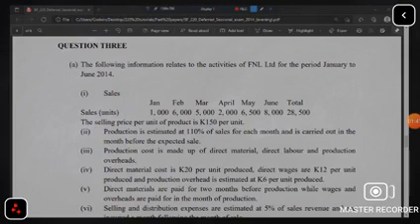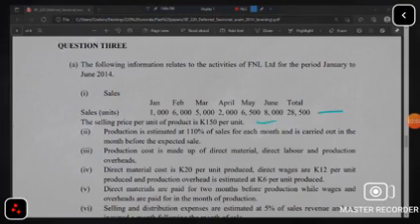Then we have note 1 says sales, but please let's also take note. We have sales units here, okay, sales units of that much each and every month and the total. And then they're saying the selling price per unit of product is 150 per unit, okay.